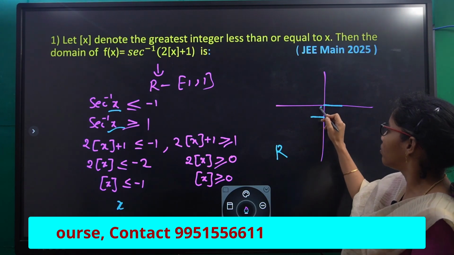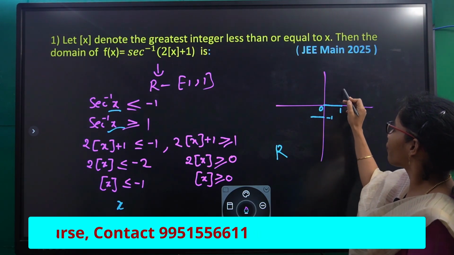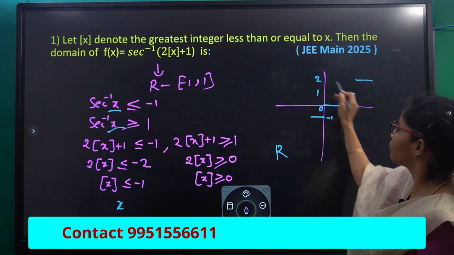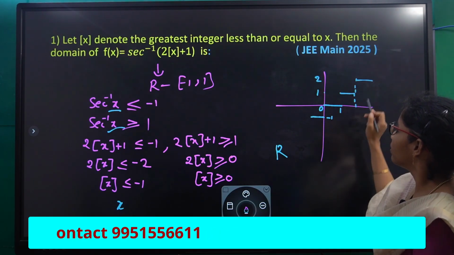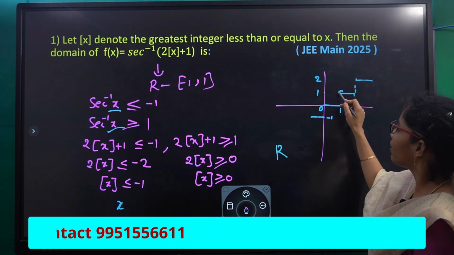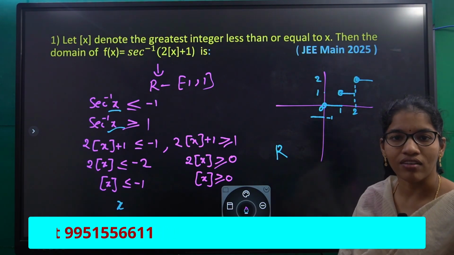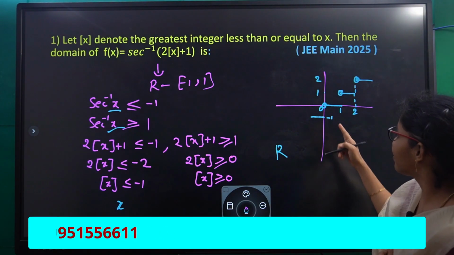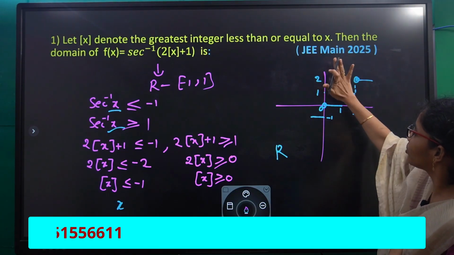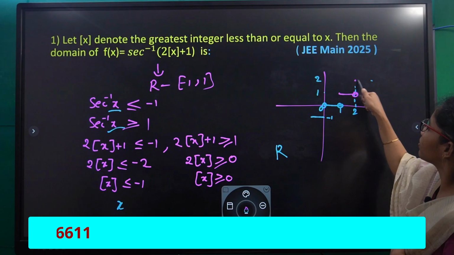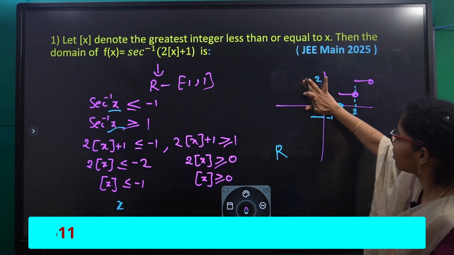These are the values 0 up to 1, from here to here it is 1. From here to here it is 2. Right? So here the values are like this. Is it clear or not? So now [1] is how much? 1 only. So this is the step function, right?